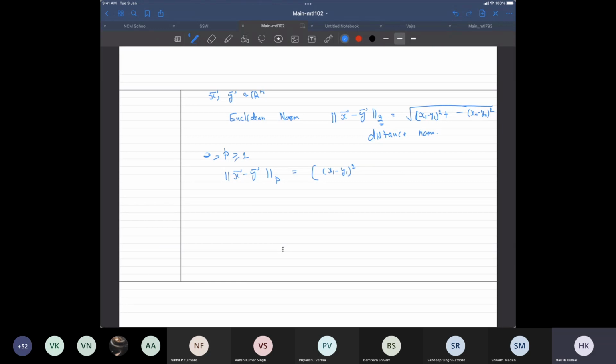In fact, this is also true for p equal to 1. This also has the same properties as the above distance, so this is also a norm. You already know what a norm is. The definition of a norm has been given to you, right?